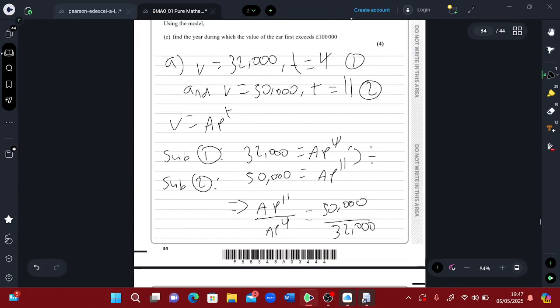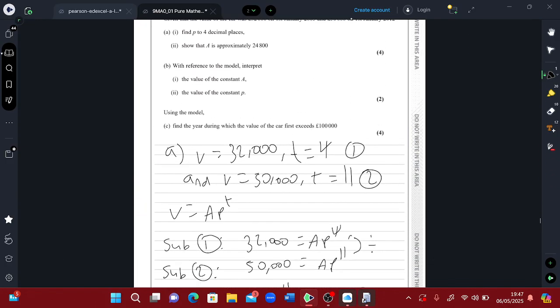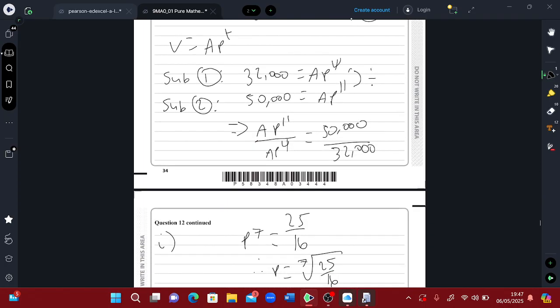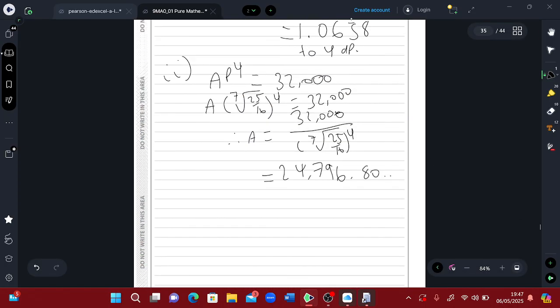But it says it's approximately 24,800. So to three significant figures, this is 24,800, and that just shows we did it right. So yeah, that's it.